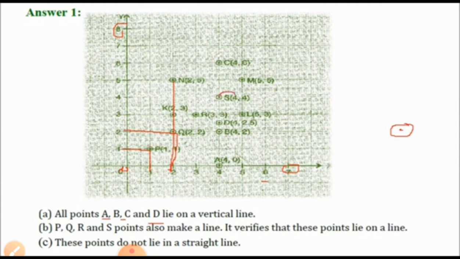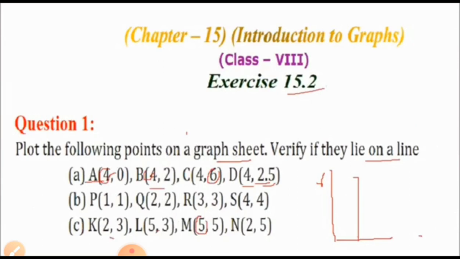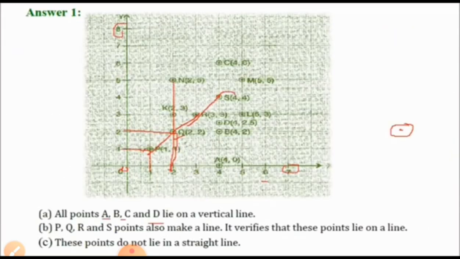Because each and every time the x-axis remains the same. A, B, C, D. Second one also P, Q, R, S. According to that, it is showing a line. And in the C question, the points K, L, M, N are not lying on a line, because they are all different.